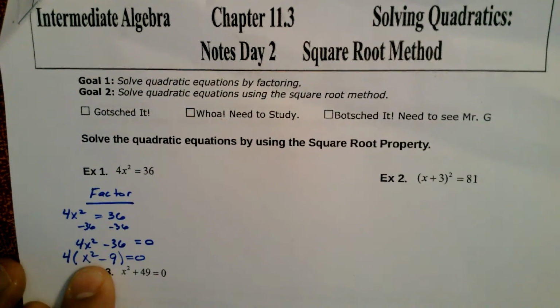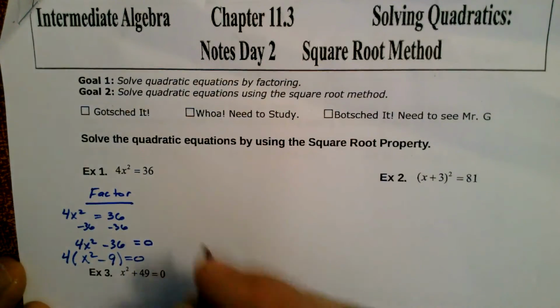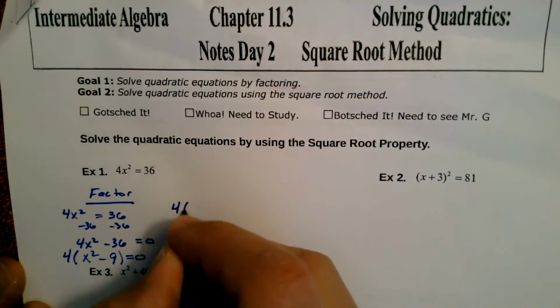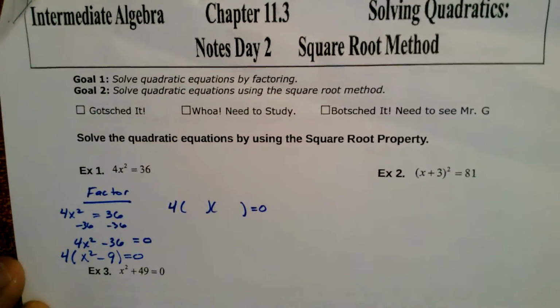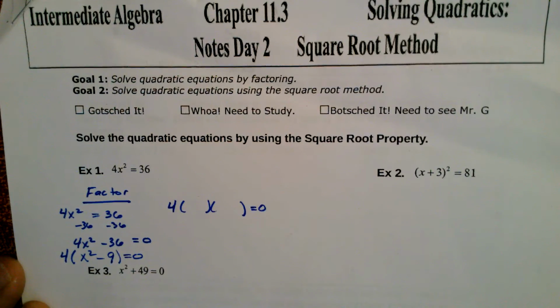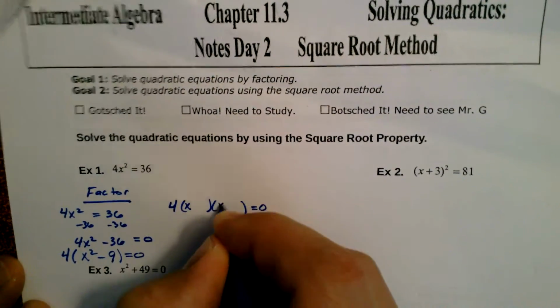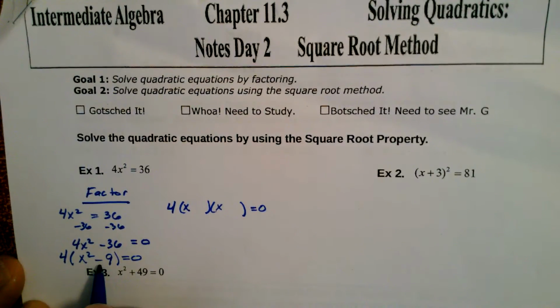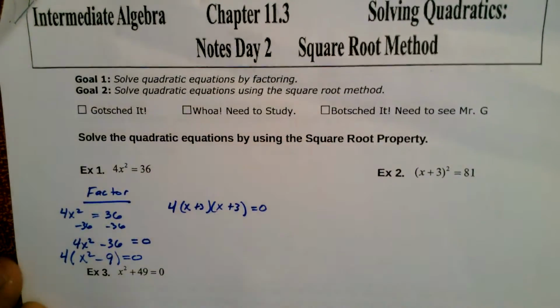Then I see a difference of squares here, x squared minus 9, so I'm going to factor that into 2 binomials. Factors of x squared are x and x, and factors of negative 9 that add up to 0 are plus 3 and minus 3.